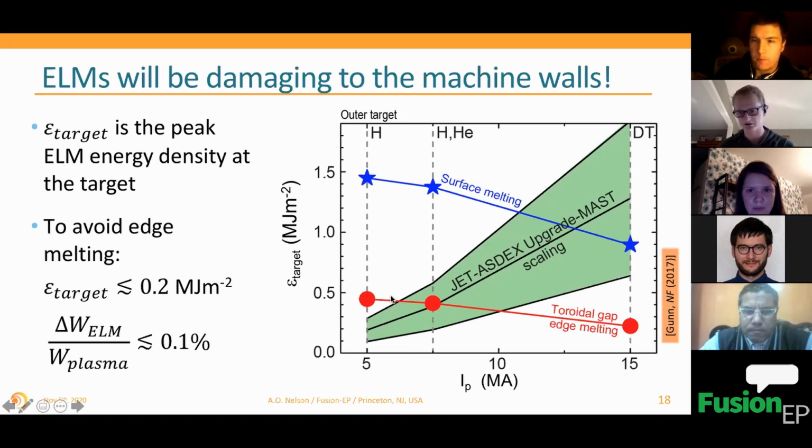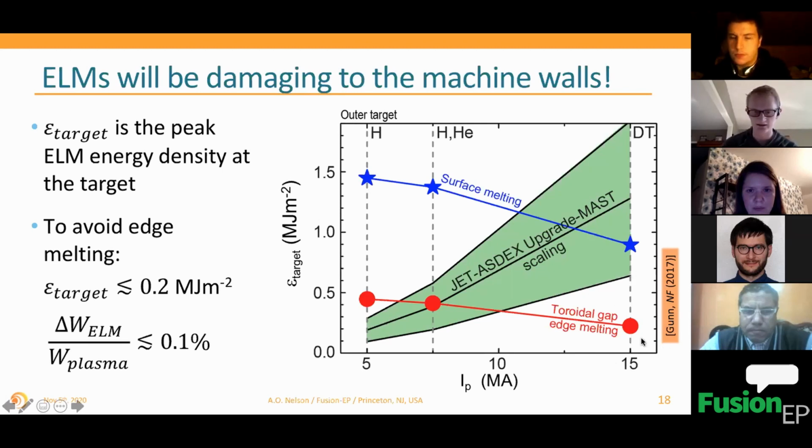Also plotted on this are two limits, really, which are limits for toroidal gap edge melting and limits for surface melting of your divertor. So if you want to have ELMs in your plasma, you're going to have to avoid these limits, otherwise you're just going to melt your machine's walls at 15 megaamps, which is nominally where ITER is supposed to operate.